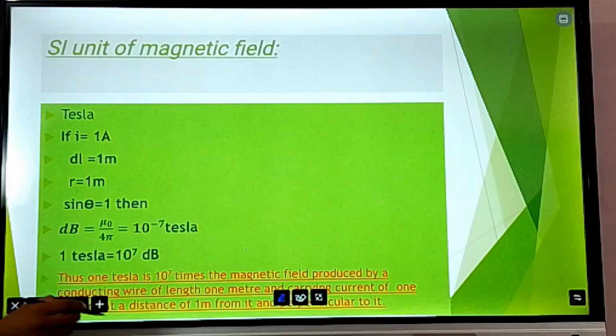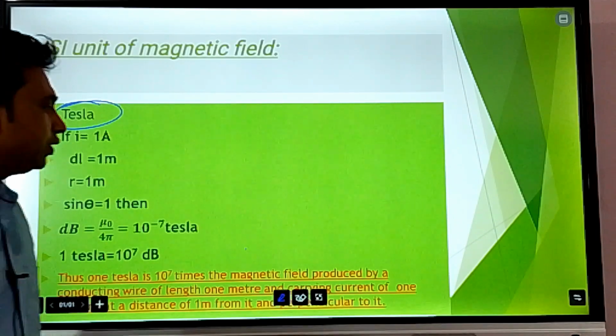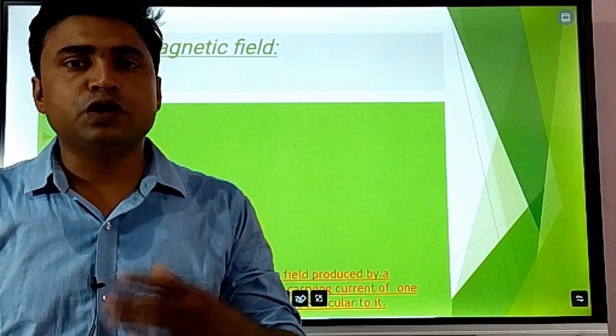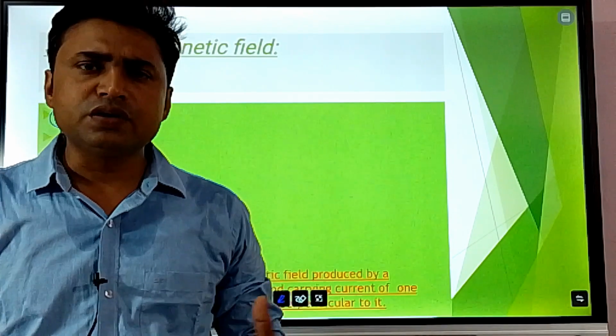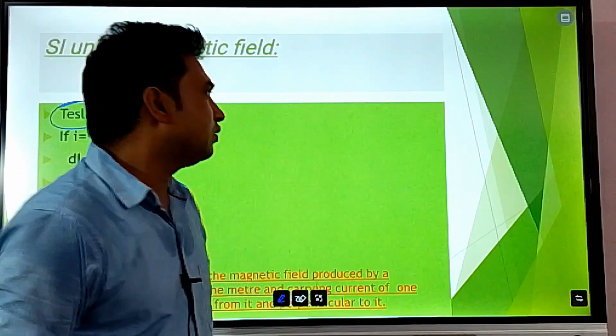We are going to define Tesla in terms of the Biot-Savart law. So let's see how we are going to define Tesla in terms of the Biot-Savart law.